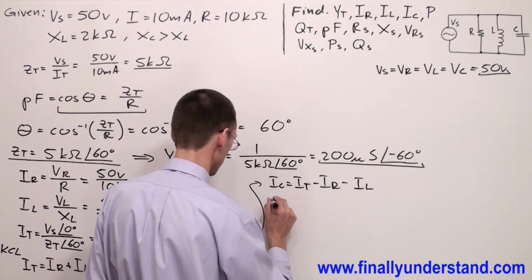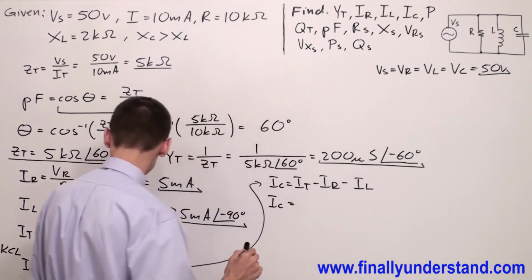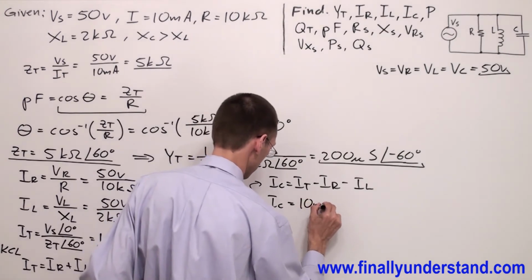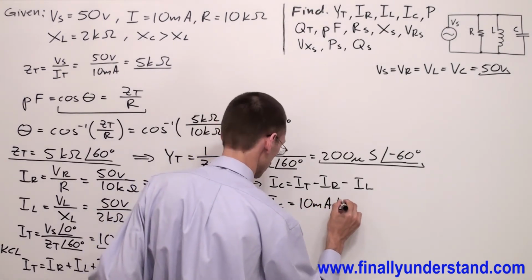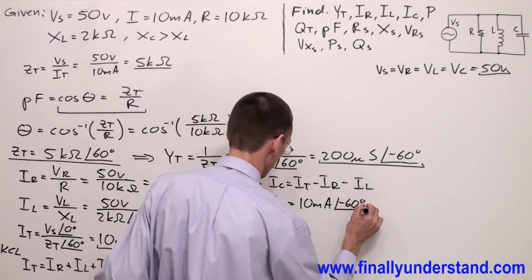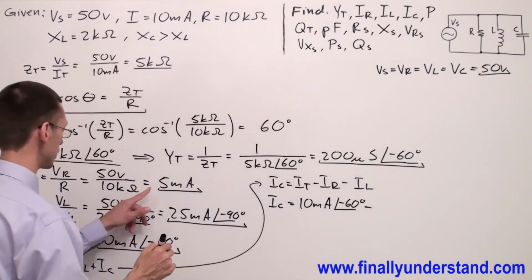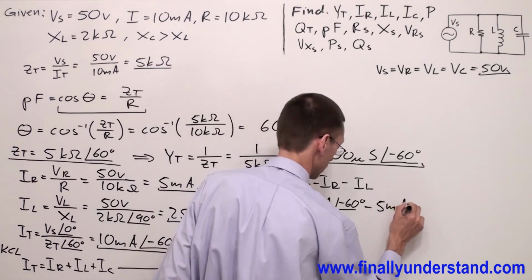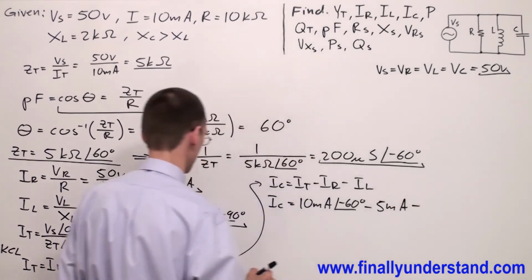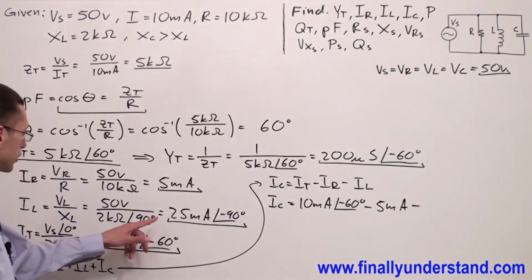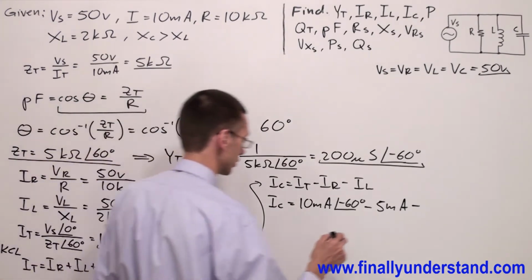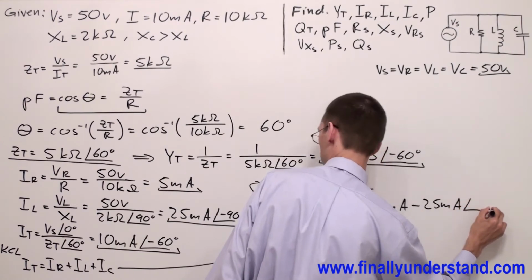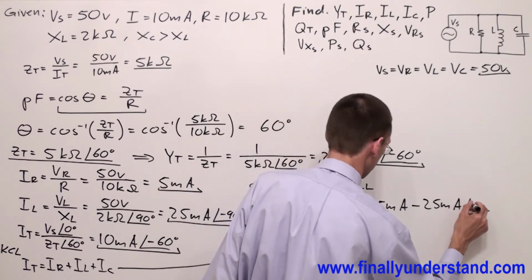So I have IC equals I total 10 milliamps and angle of negative 60 degrees minus IR, which is equal 5 milliamps, minus IL, which is equal 25 milliamps, and angle of negative 90 degrees.